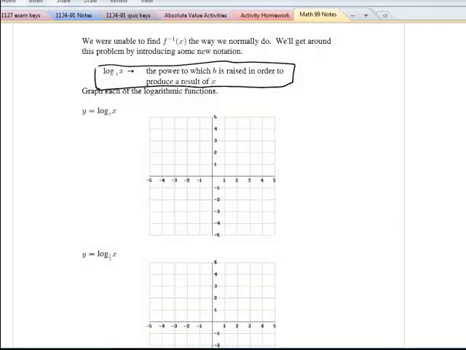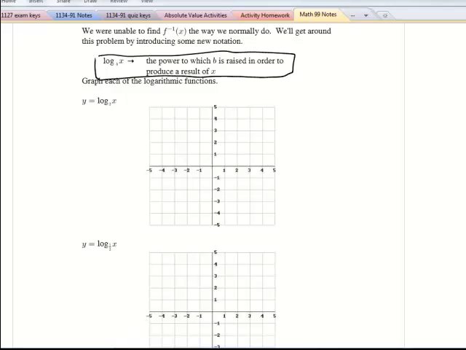So let's sketch the graphs of these logarithmic functions. If my function is y equals log base 2 of x, I think it's easier to rewrite the same expression. This is the same as 2 to the y equals x.